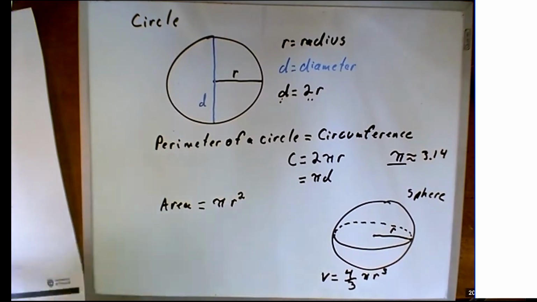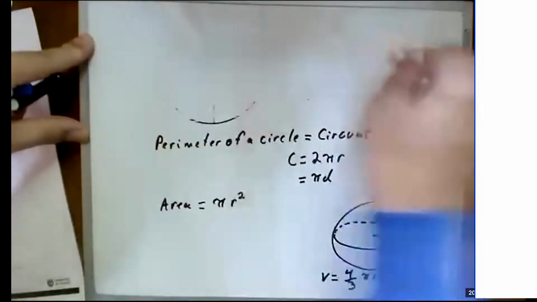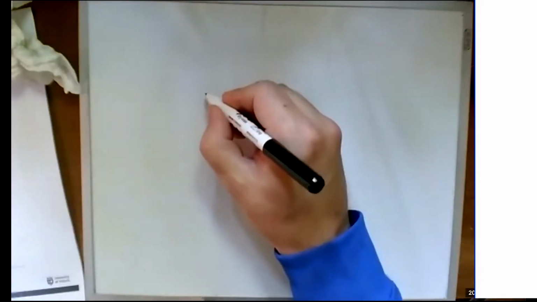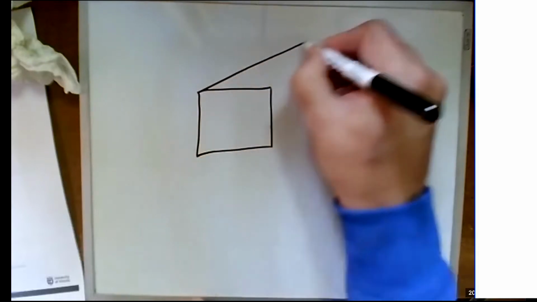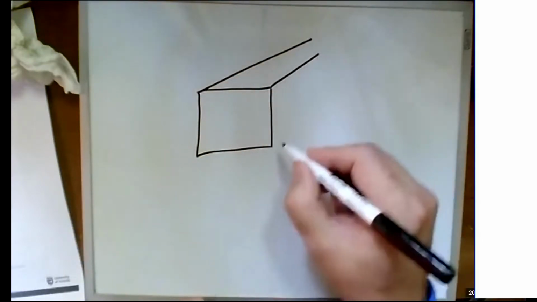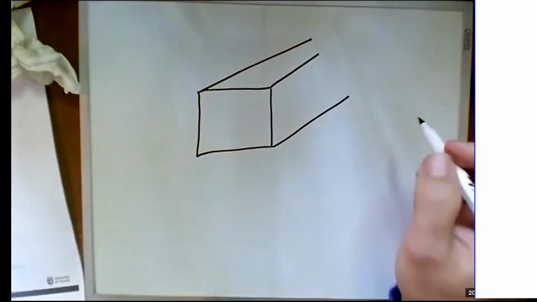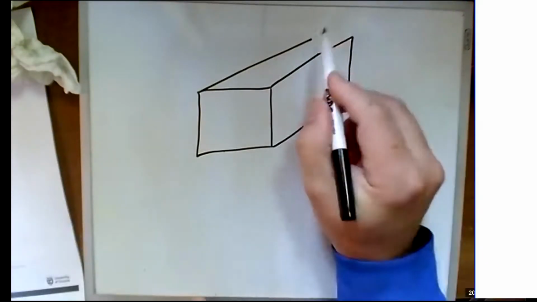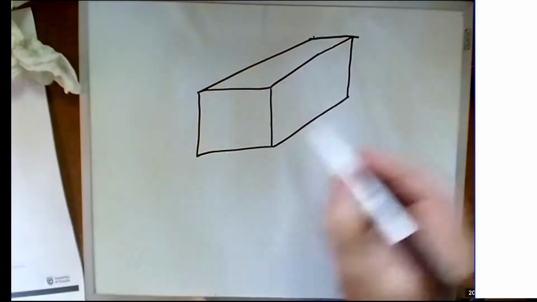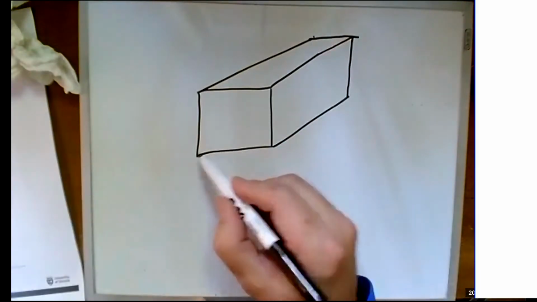Okay, one last object to take a look at. Excuse me as I clean this up. Rectangular boxes, sometimes known as rectangular prisms, sometimes just known as boxes. That comes down like that, goes across like that, and then we'll make this three-dimensional.